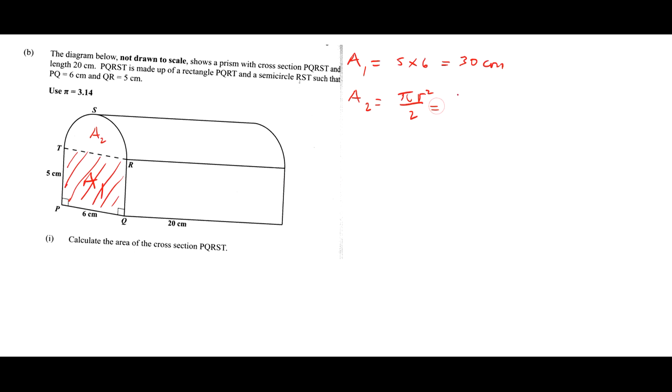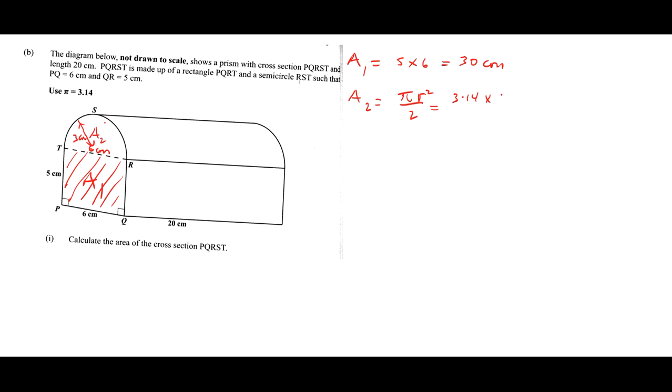And they told us in the question to take pi as 3.14, so it's 3.14 multiplied by r squared over 2. Now what is the radius of the circle? The length TR will be the same as PQ, so therefore TR is 6 centimeters. And if we take this point here as the center, it means that the radius of the circle will be half of that. It will be 3 cm.